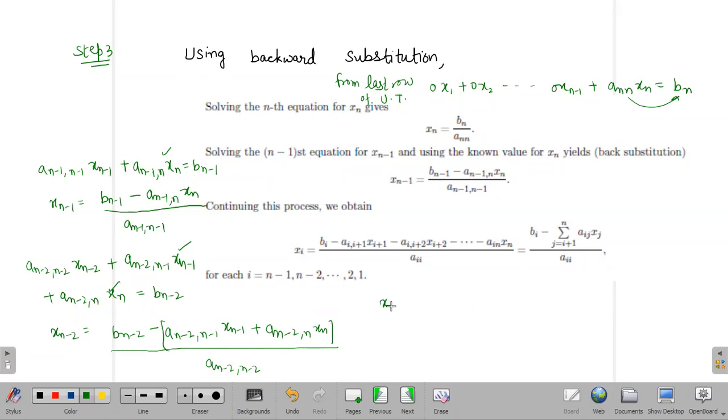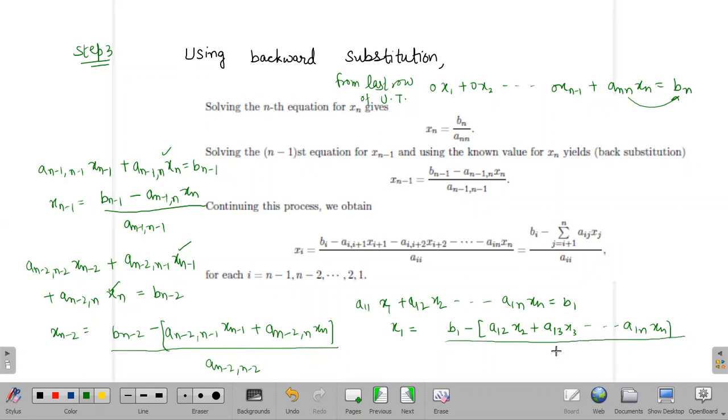If I write x1, suppose, a11 into x1, a12 into x2, and so on up to a1n into xn, which is equal to b1. So now you find x1: b1 minus a12 x2, a13 x3, up to a1n xn, divided by a11.